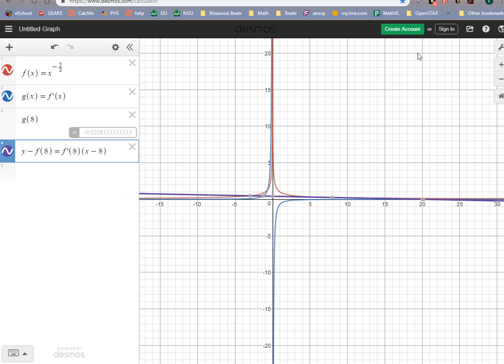There is a version of the TI called the TI-89, which is a computer algebra system, which essentially does this stuff. It's a little more cumbersome to use.